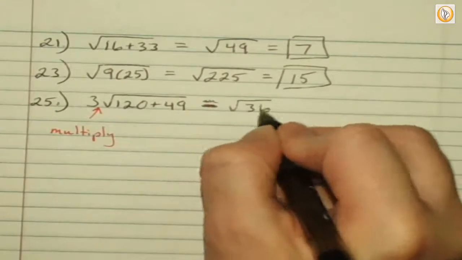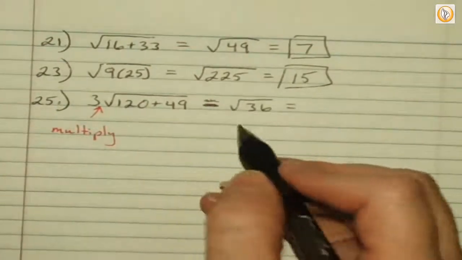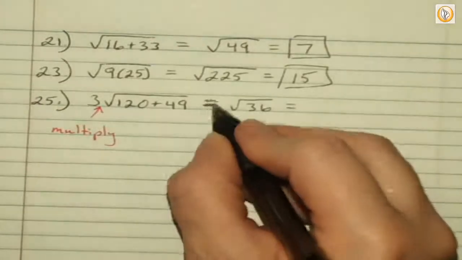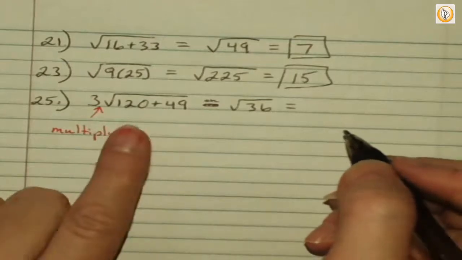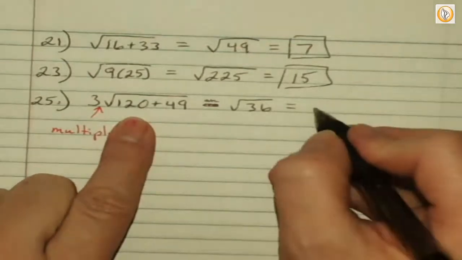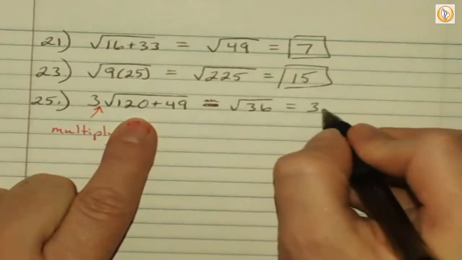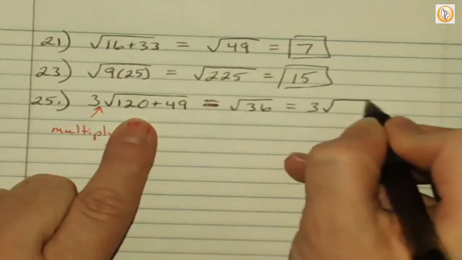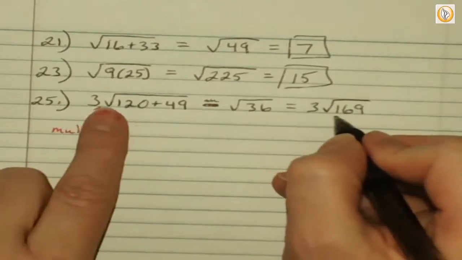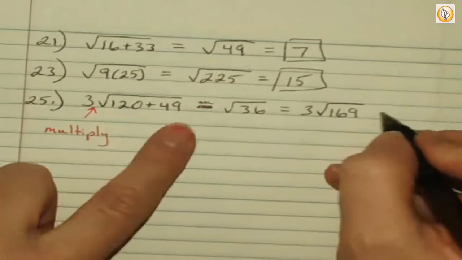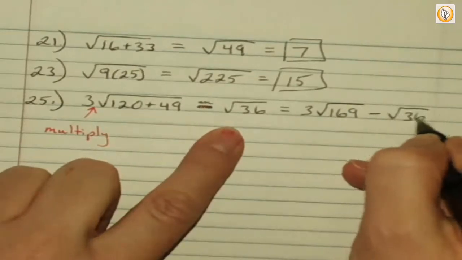Square root of 36. Yes, Gabby? Oh, I didn't write the whole problem? Okay, so that's a minus sign. So look, first things first. What is 120 plus 49? 169. Yep, you're right. So we're going to carry over this 3 times square root of 169 minus, and then I'm just going to rewrite my problem. Okay?